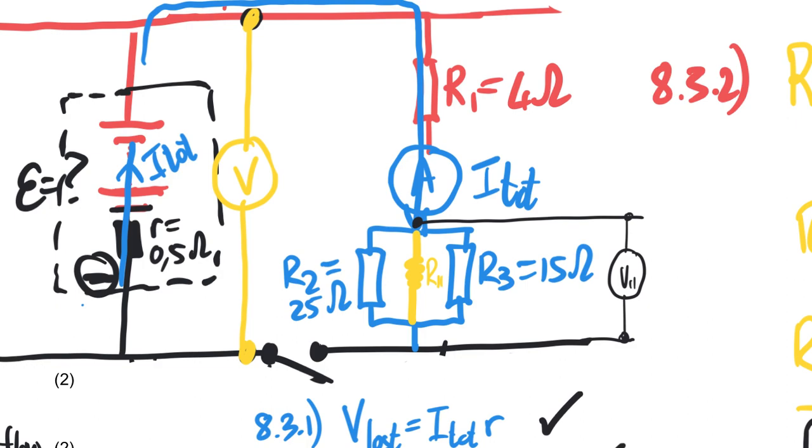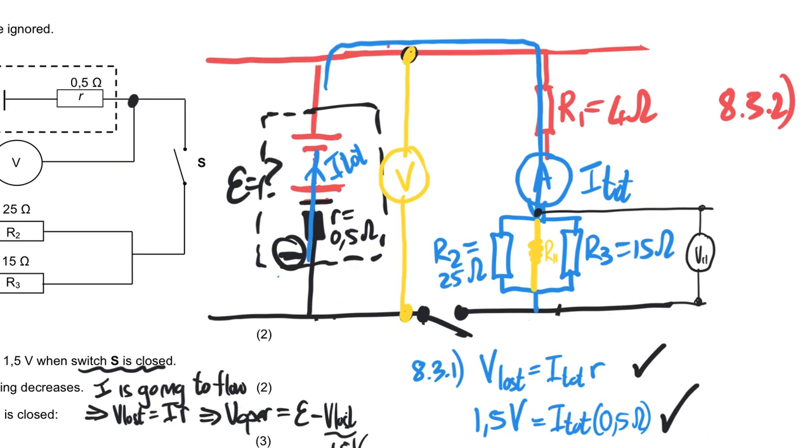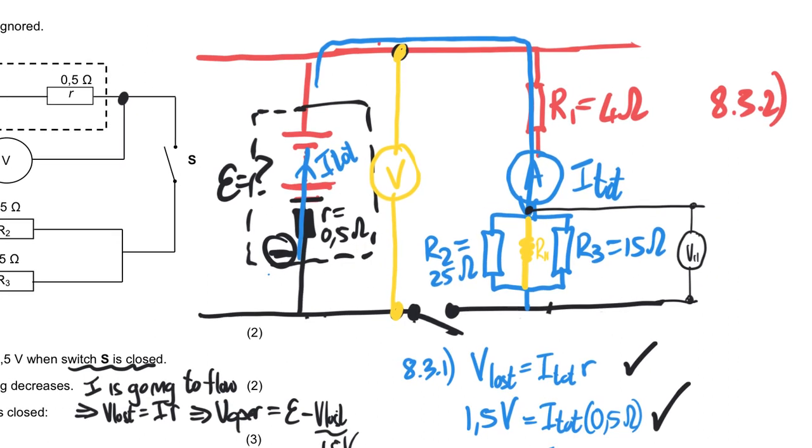Now, how would that affect the voltmeter reading? Well, if we are increasing the current because we're decreasing the external resistance, taking this out, so it's only that resistor now in the external part of the circuit. Of course, this would be closed. You wouldn't have current flow if there was an open switch there.